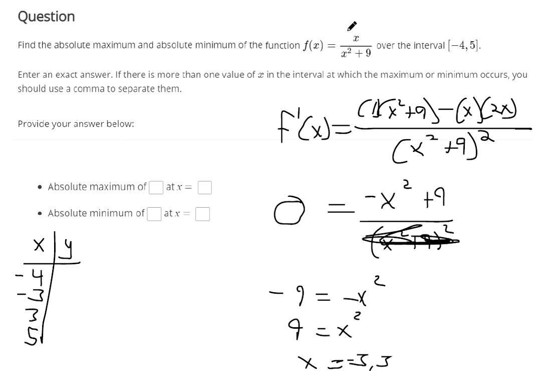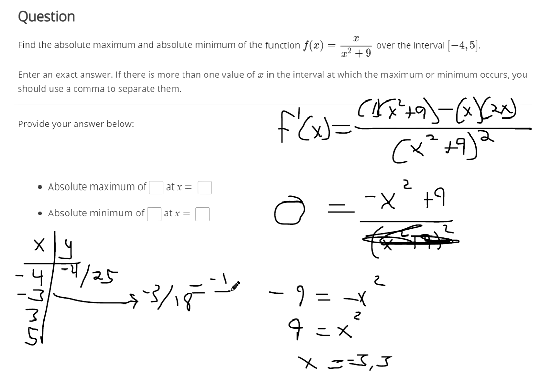And if you plug -4 into the function, you get -4 in the numerator over -4 squared, 16. 16 plus 9 makes 25. I'm drawing an arrow for this one. If you plug in -3, then you get -3 over 9 plus 9 makes 18. So that can be simplified.